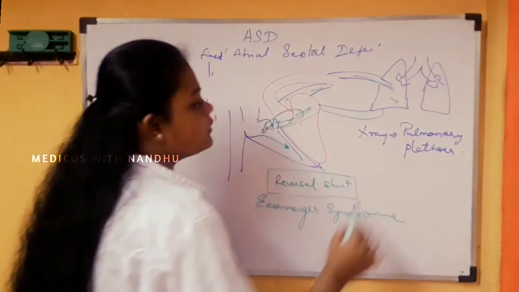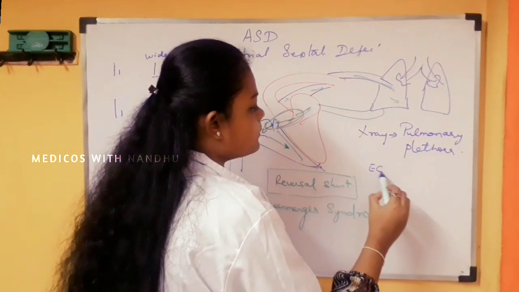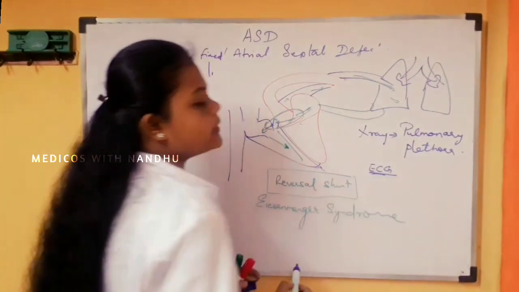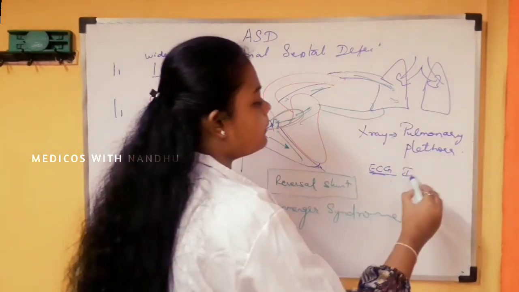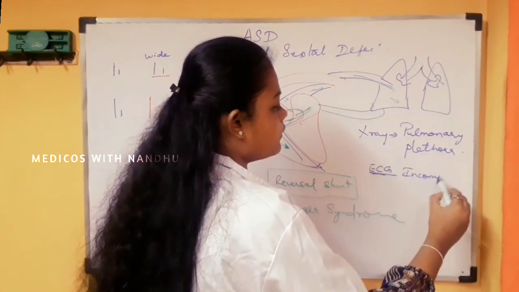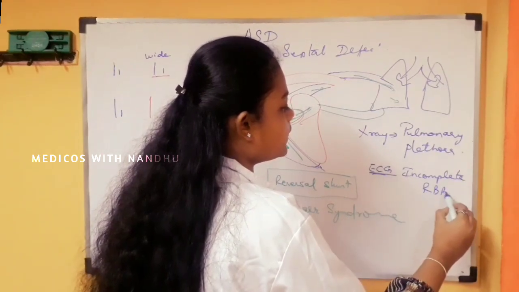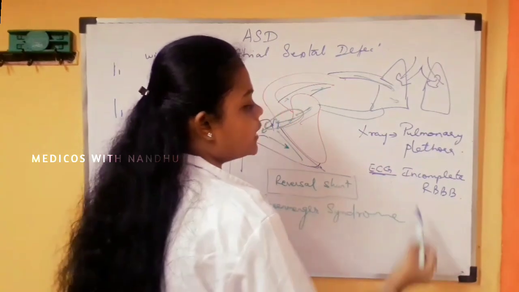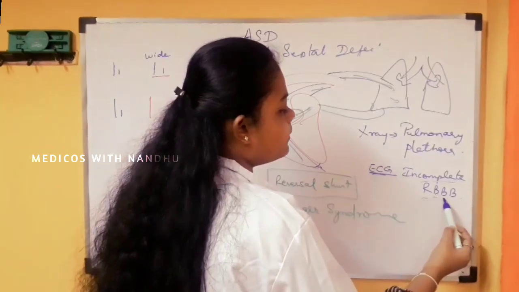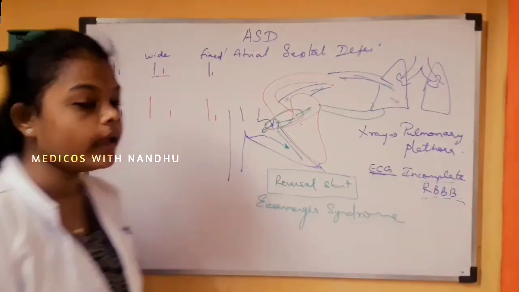Next, in ECG, there will be an incomplete RBBB, which means incomplete right bundle branch block.